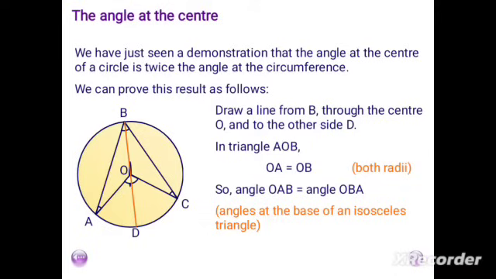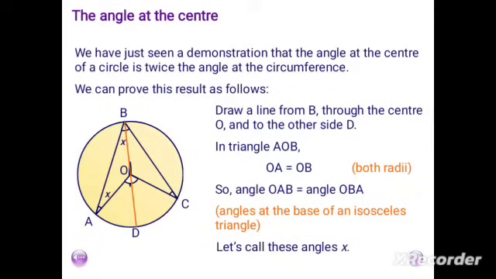So also we have the angle OAB and angle OBA. These are angles at the base of an isosceles triangle, and so they are equal.